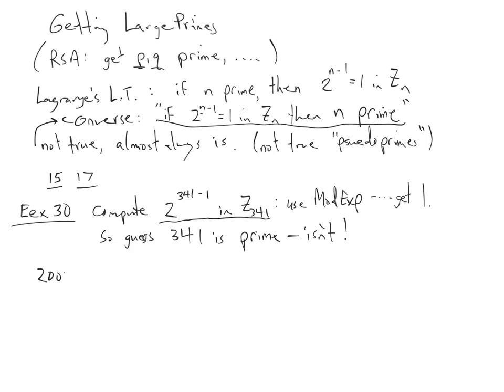So in 2002, Agrawal, Saxena, and Kayal found an efficient algorithm, polynomial time, to determine primeness.